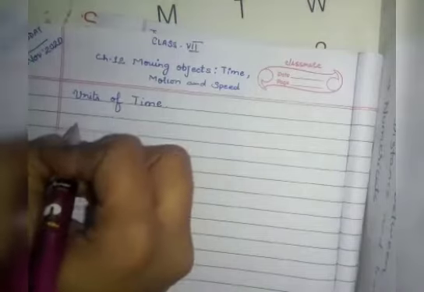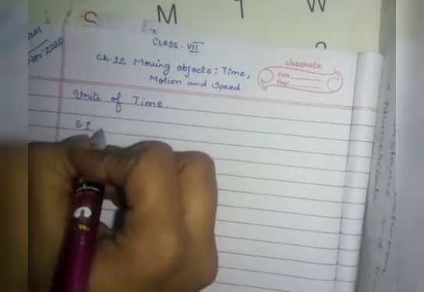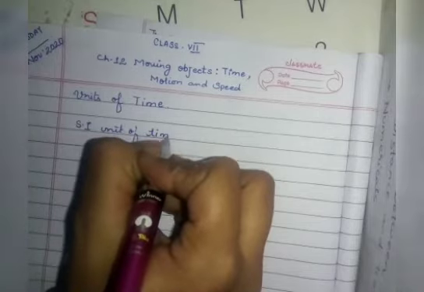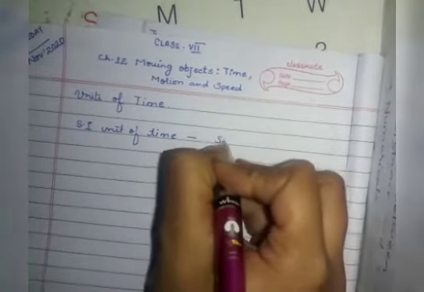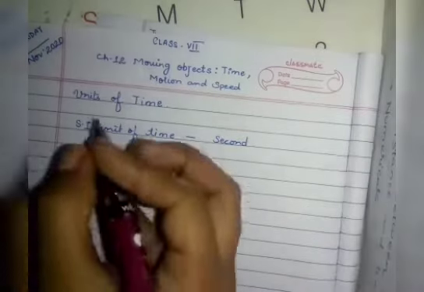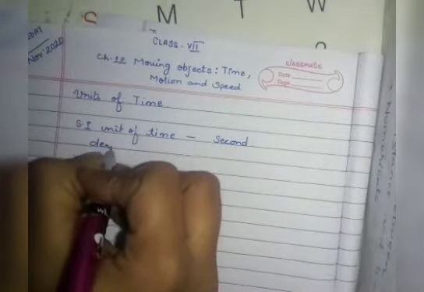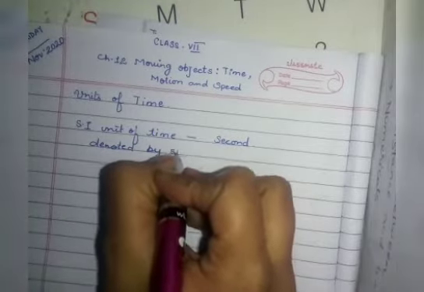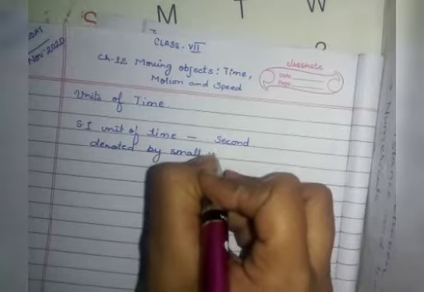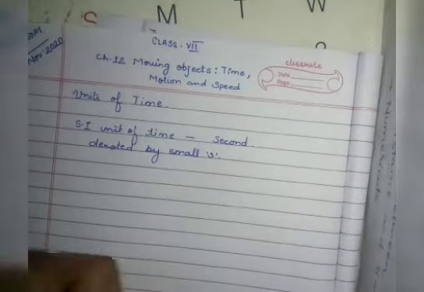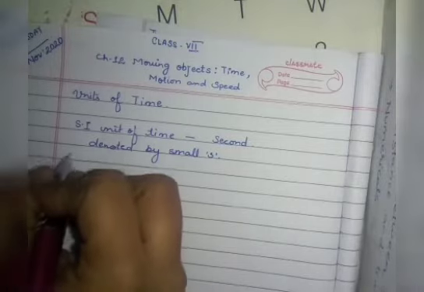Second is the SI unit of time. The SI unit of time is second. It is denoted by small s. The larger units of time are minute and hour.